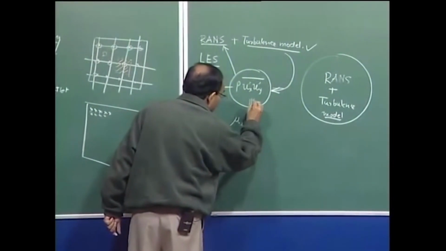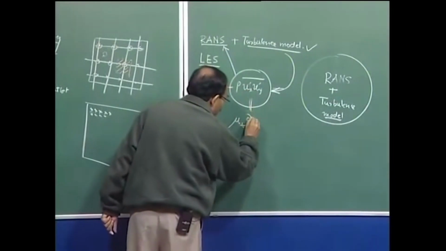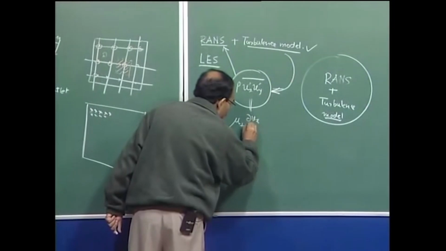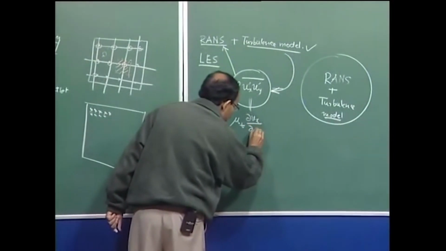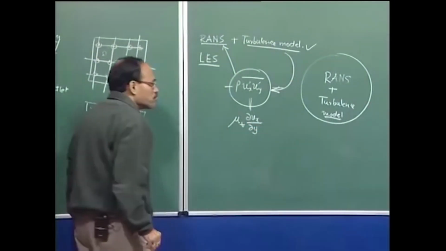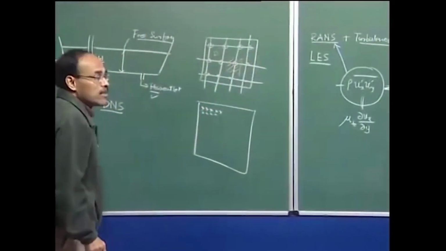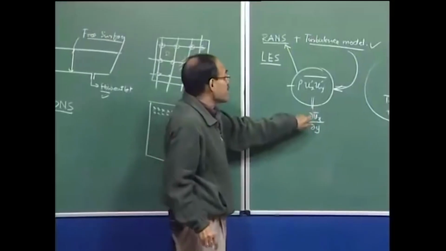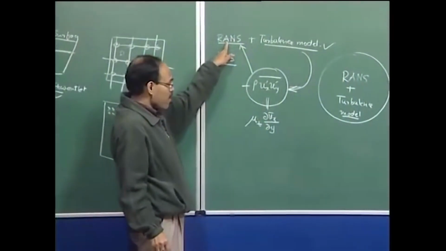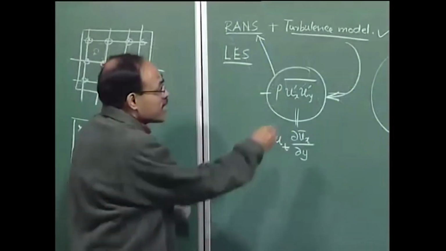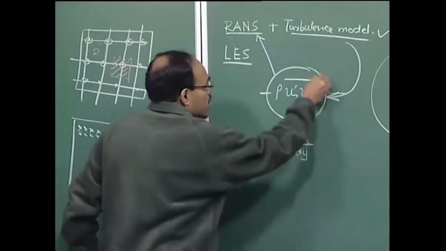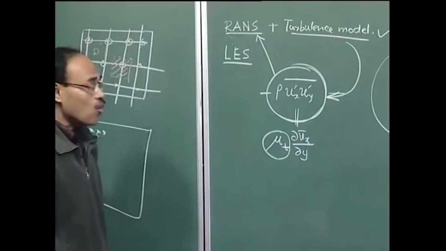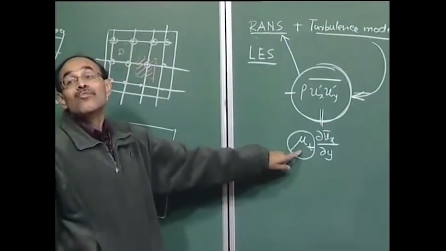The only meaningful velocity gradient here is dVx over dy, and this is now the time average velocity component. So, this is no more an unknown; it is part of the RANS equation. Estimation of the turbulent shear stress essentially boils down to knowing what is known as the turbulence viscosity.